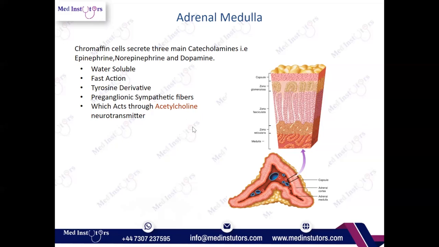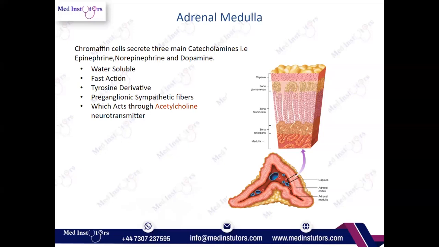If in the exam they ask you which neurotransmitter is present in the adrenal medulla, or which neurotransmitter is responsible for the production of catecholamines in the adrenal medulla, the answer is acetylcholine. Is everyone clear about the neurotransmitter, which is acetylcholine?